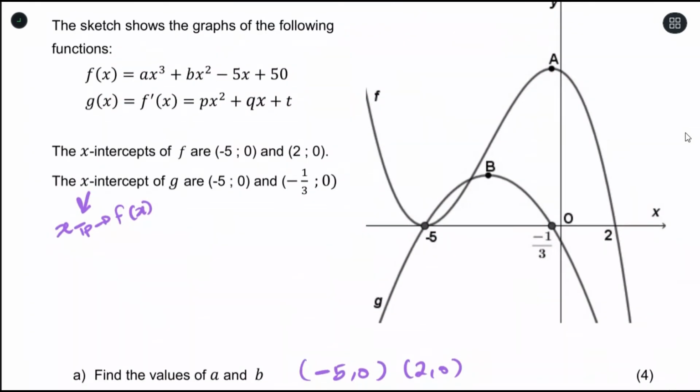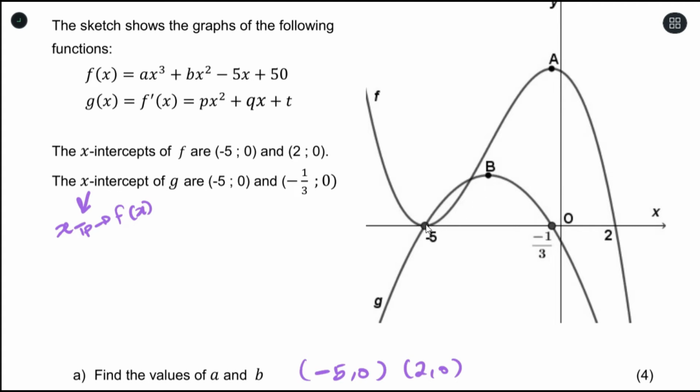Let's look at B. B here is the turning point of your derivative of g(x), right? So one useful piece of information is that the x-coordinate of the turning point of our derivative is the same value as the x-coordinate of the point of inflection. We could also use functions, right?